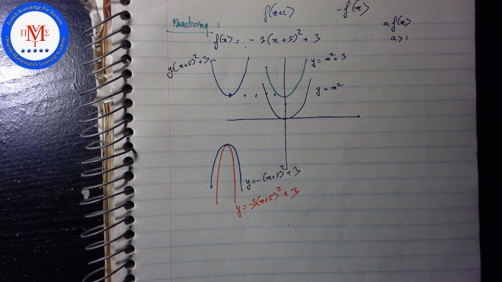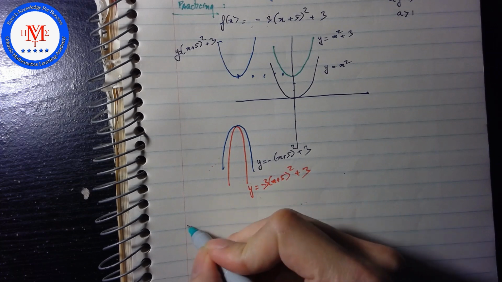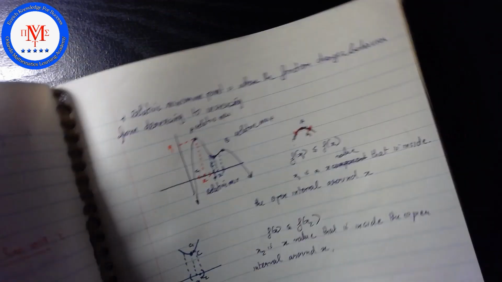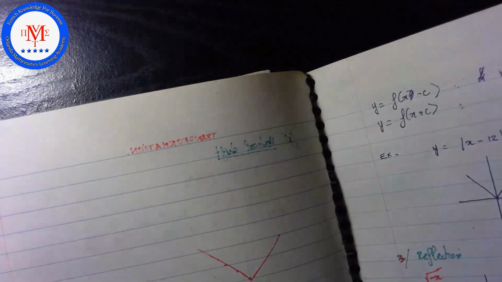But for the nonlinear function, the average rate of change is basically the slope of the line connecting 2 points on the curve. Okay, and that line we call the secant line. So last time we did number 4 and this is 5, so this one must be 6.